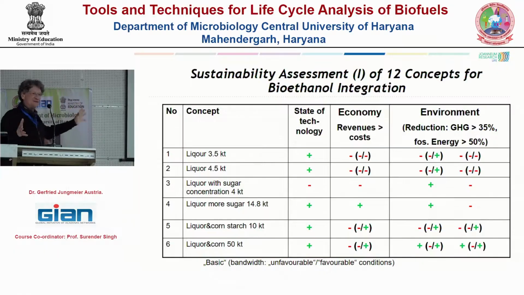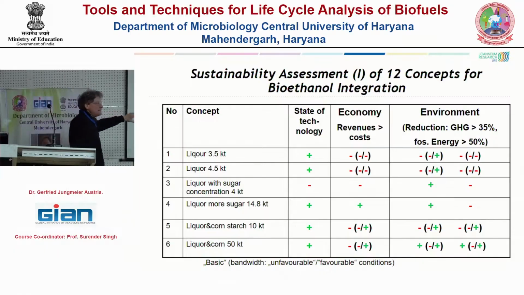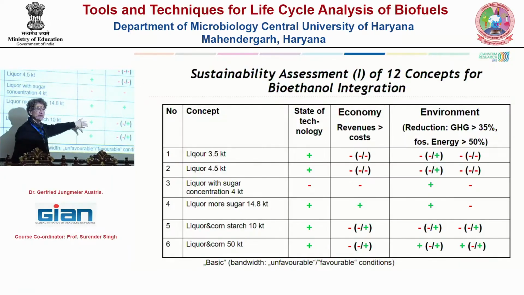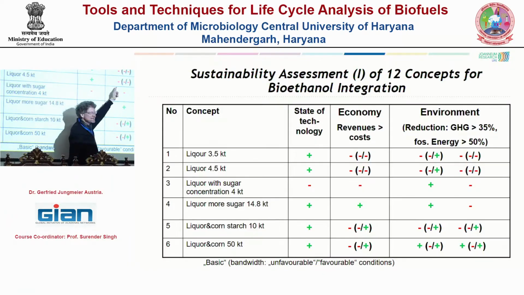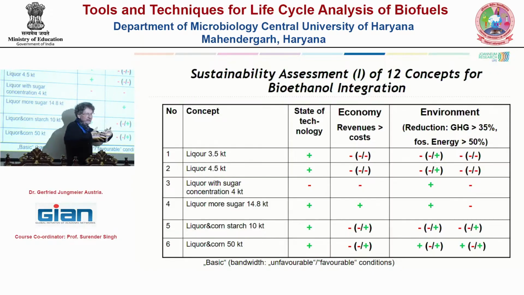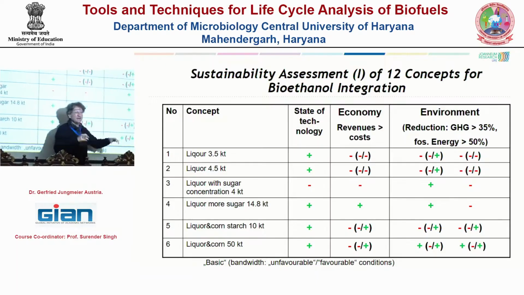Yeah, the scale here is relatively simple. A green plus means the technology is existing and state of the art. And the red means it's not good, and the brackets are based on the sensitivity analysis. We change the parameters and see if in a changed technical setup, maybe this system becomes economically feasible. And here, for example, you see under specific conditions it is on the green side.